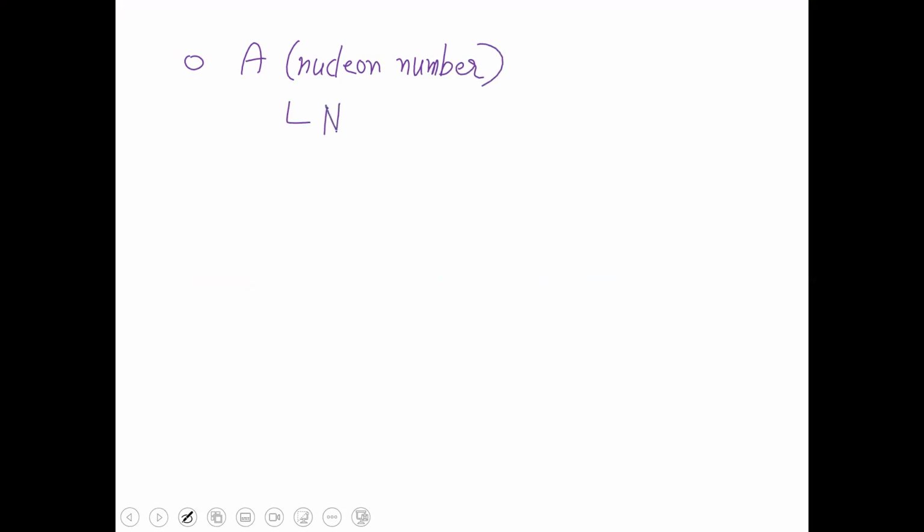So the first point, remember, A, which is the nucleon number, has no change. In beta decay, mass number or nucleon number does not change.